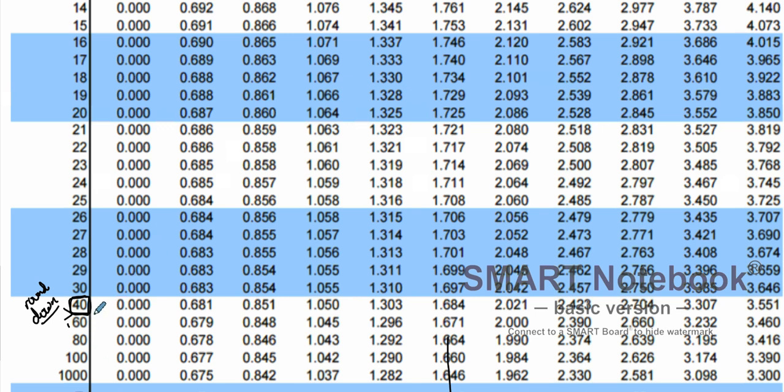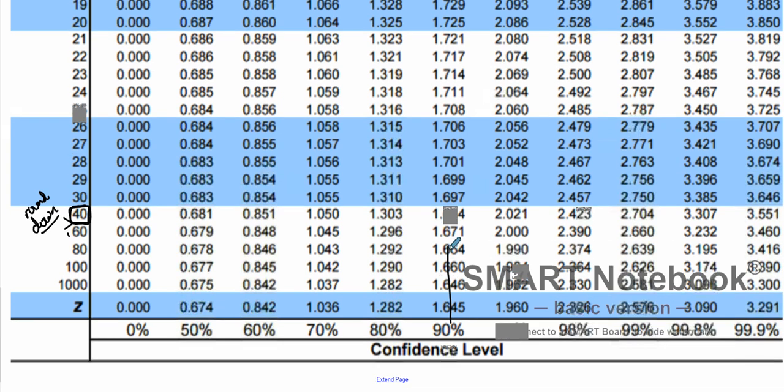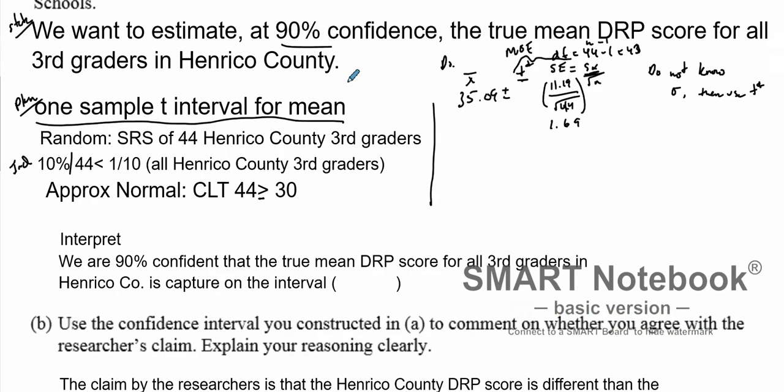Okay, and so if we go over here, we can see this is 90%, so we're going to go to this value right there, 1.684. So we're going to bring that up, 1.684, and that's going to be our t value, our critical value.